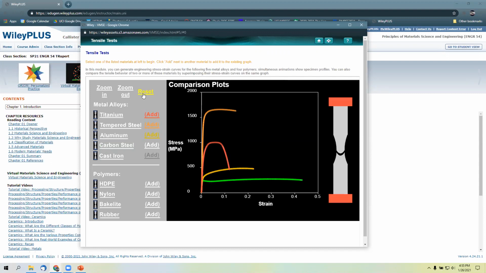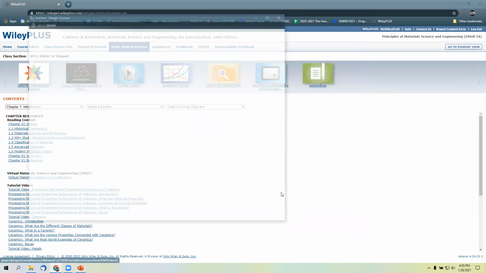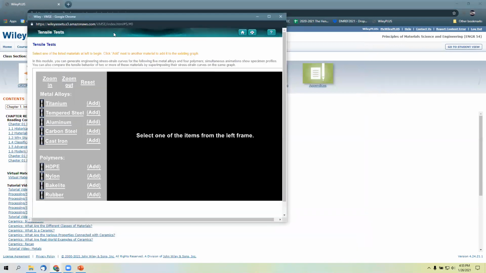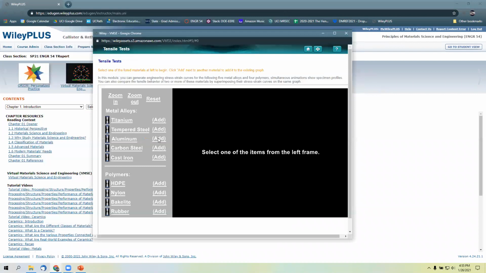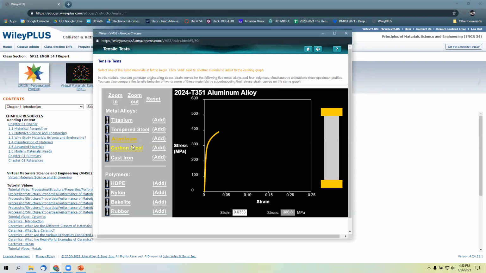Other times, I'm going to reset this. Maybe I'll just close it and reopen it. This aluminum is the one I want to show. So other times we have something that's called strain hardening.